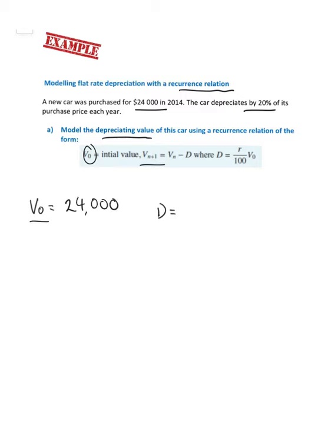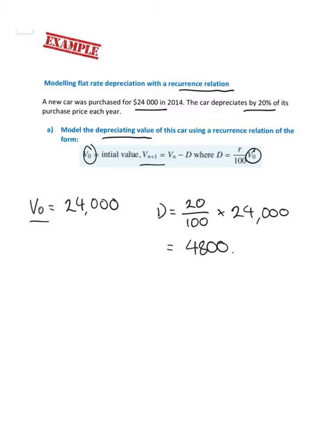Now to find D, we take the rate, which was 20%, divide it by 100, then times it by V0, which was 24,000, and from that we will get 4,800. Remember, you can just do that in your calculator.